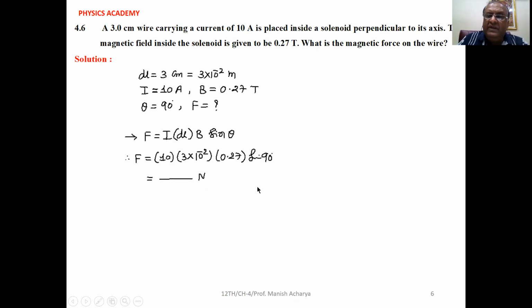We know that when any current element IDL is placed in the magnetic field B, the force acting on it is IDLB sine theta. I is 10 ampere, DL is 3 into 10 raised to minus 2, B is 0.27, theta is 90, so sine 90. Now solve this one, you will get the answer. Clear?